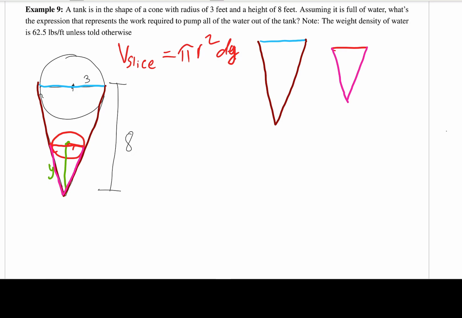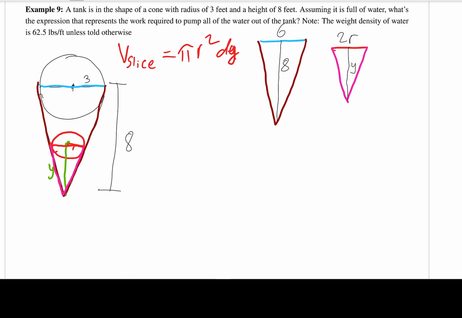We know that this distance right here is given by r, so that means that the whole thing has to be 2r. And then we know that this distance right here is given by y. Now this one we know here, this is 3, so then the entire thing has to be 6. And we know that the height is equal to 8.